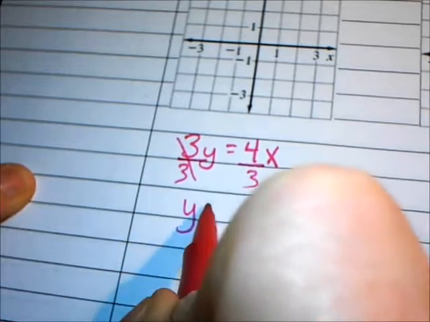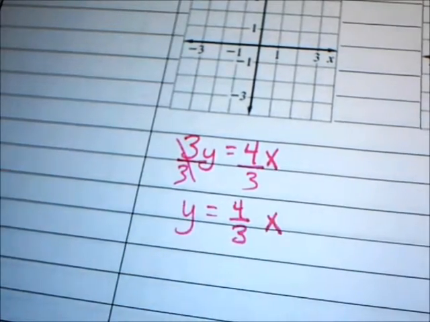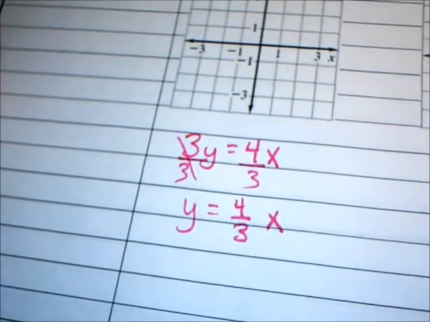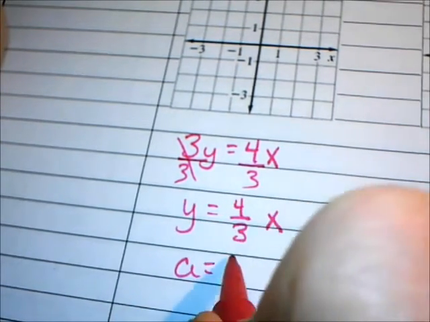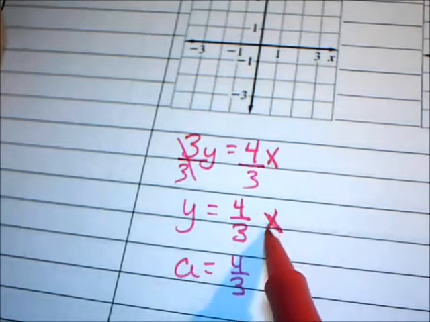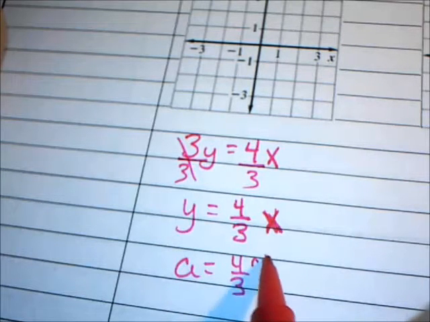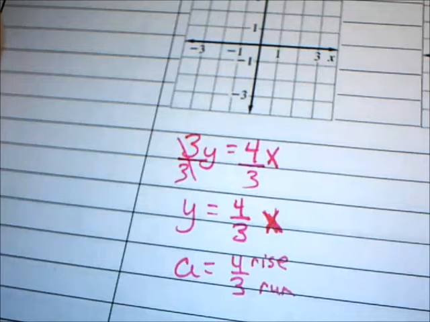And I have y equals, and here's this strange fraction, 4 over 3 x. Well, my a is this 4 over 3 that is with my x. But this is also my rise over my run of my graph.